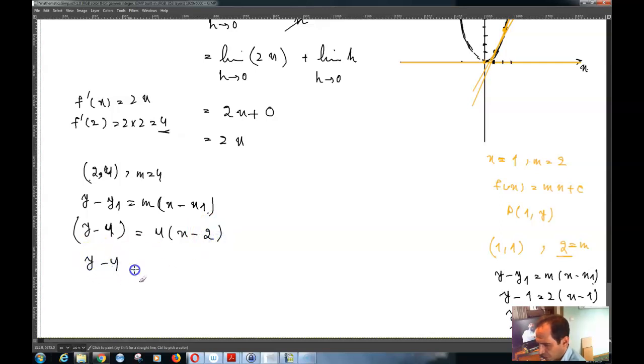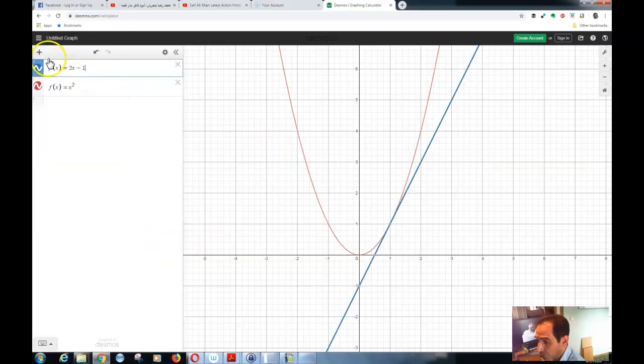So y minus 4 is equal to 4x minus 8, or y is equal to 4x minus 4. Now y is equal to 4x minus 4 would be this line over here. So g of x is equal to 4x minus 4.